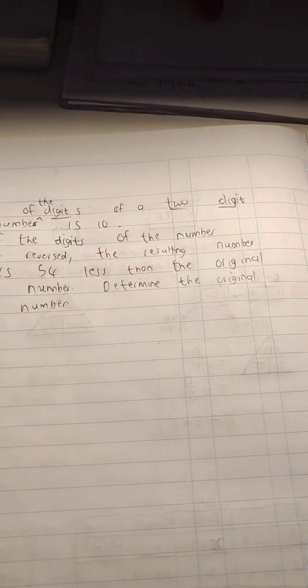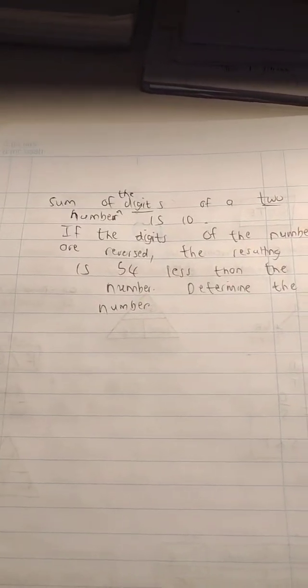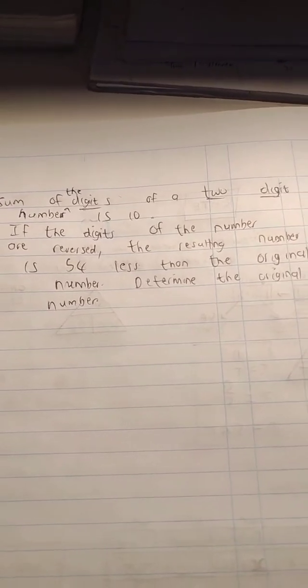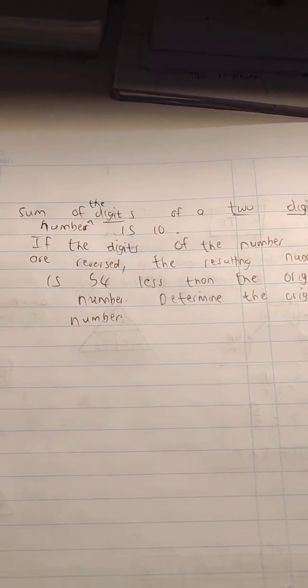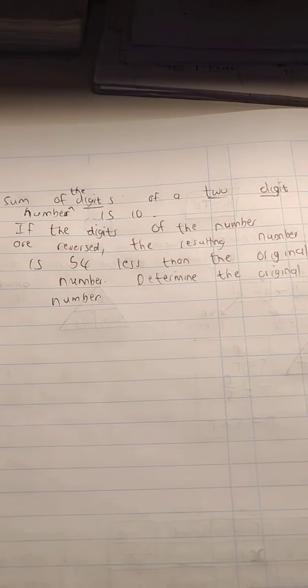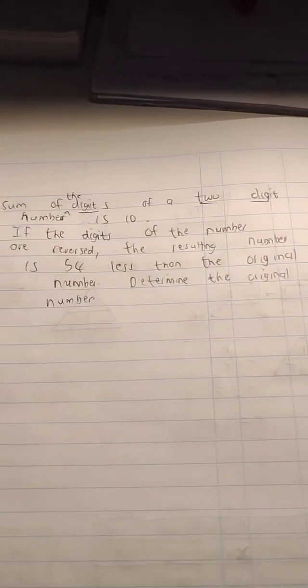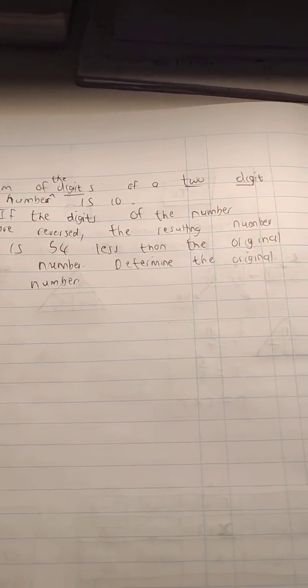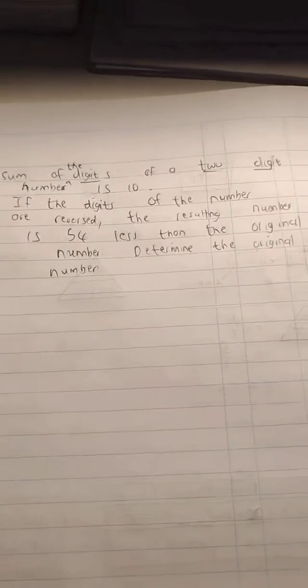The sum of the digits of a 2-digit number is 10. If the digits of the number are reversed, the resulting number is 54 less than the original number. Determine the original number.